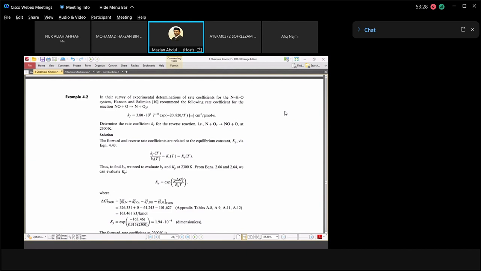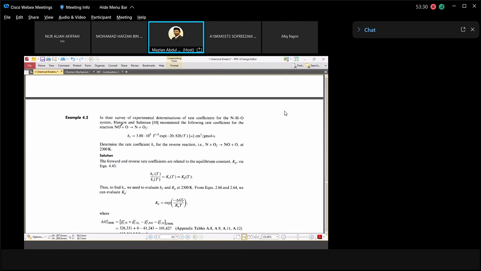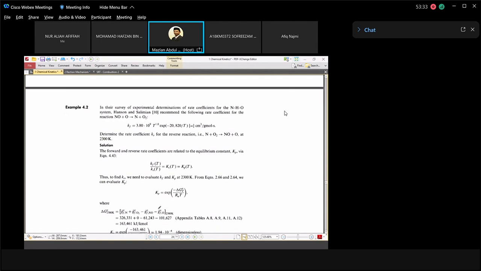Our reaction is this reaction, so we have the Gibbs functions of nitrogen, oxygen, NO, and also oxygen at this particular temperature. You can look at the tables at the back of the book, A8, A9, A11, and A12. Put all the values there based on temperature 2300.